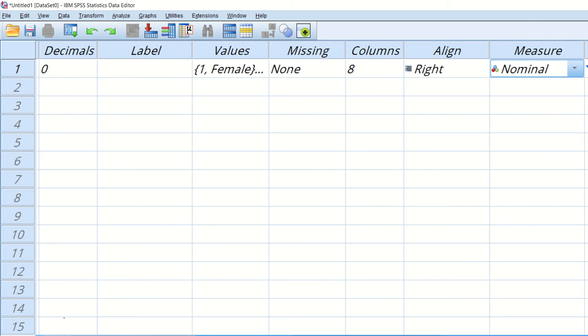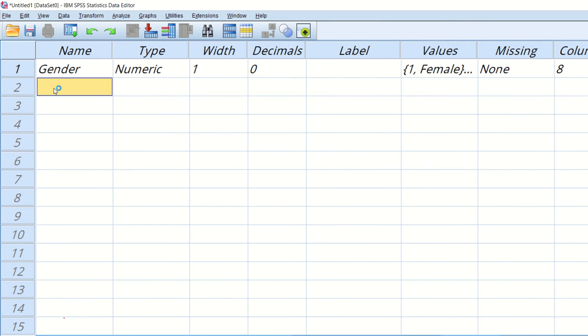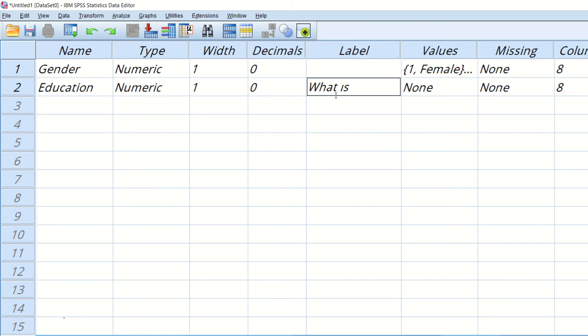And when the order is important, for example, let us recall when we write school or the education. Here again we can have 0 decimals and width 1 digit. Name, what is your education? You can write anything.